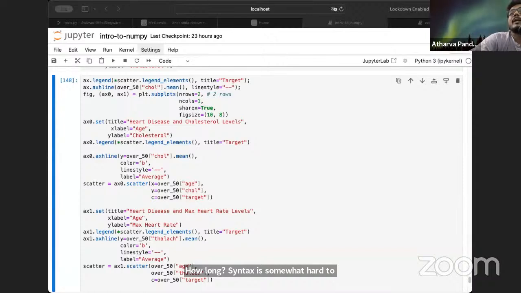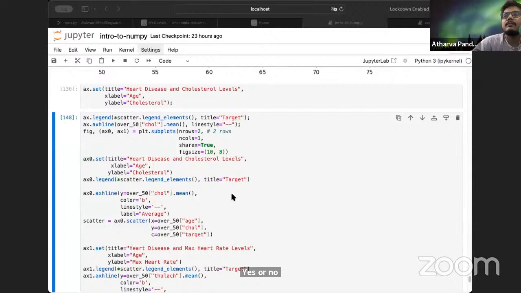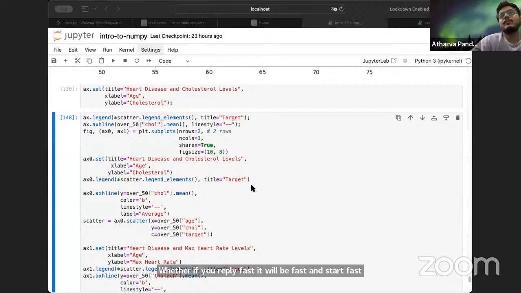That's why I say you need to practice. Even if I tell you anything here, if you don't practice, you will never remember it. You have to do it over and over. So Siva, you want me to explain it again? This whole part? Yes or no? Brother, if you reply fast, I'll start fast. Okay. Thank you for replying.